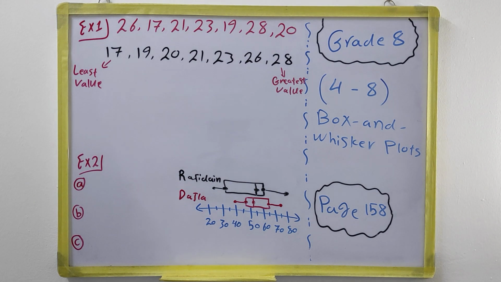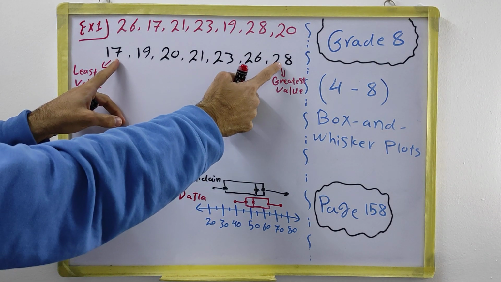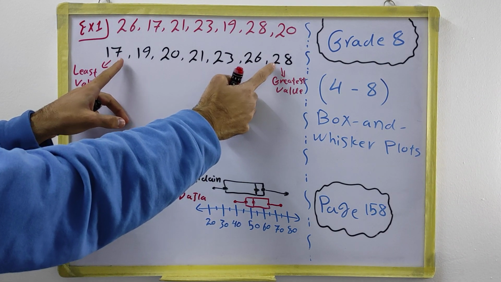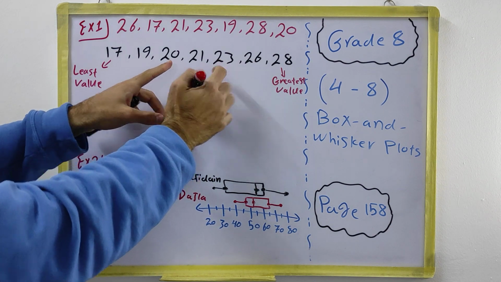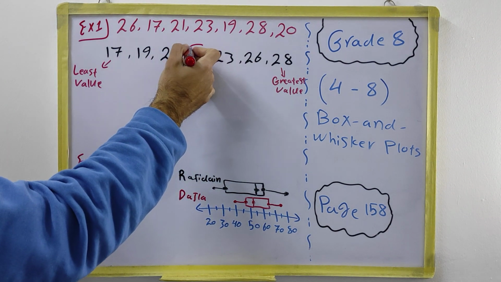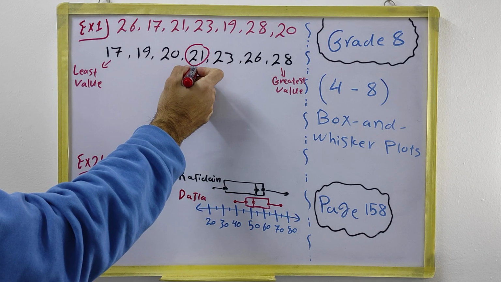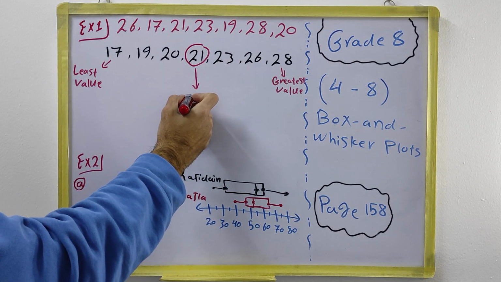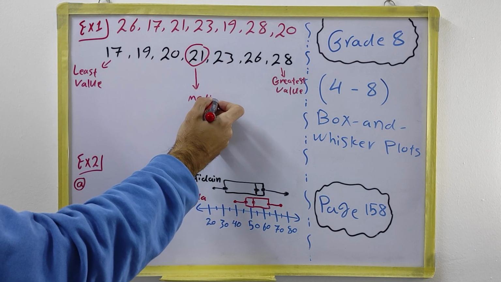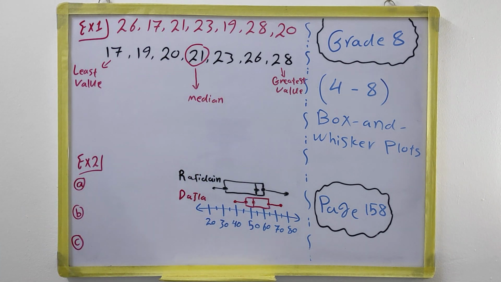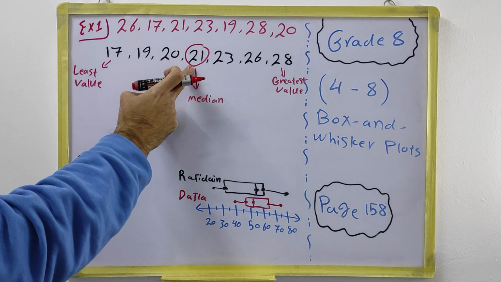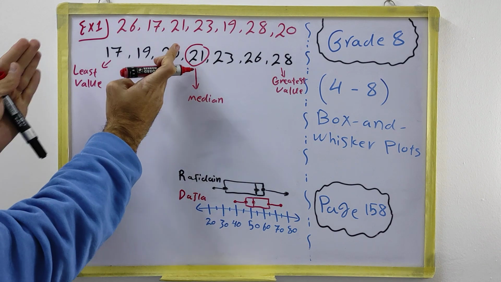For the median, we take one number from the beginning and one from the end, again, which would be 21, the median. Fine.